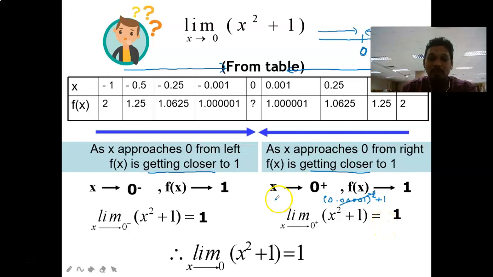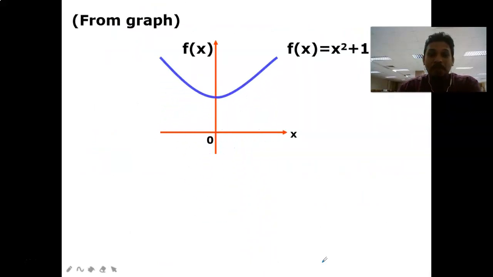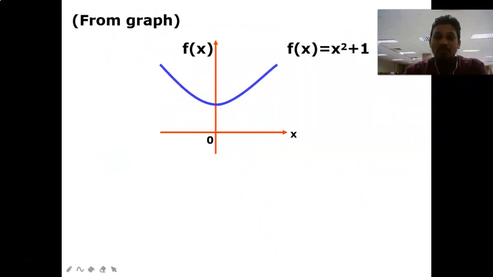Okay. The limit from the left equals 1. The limit from the right equals 1. From left and right, they are approaching one value of y, or L, which is 1 and 1. Then the limit of x squared plus 1 when x approaches 0 is equal to 1. Okay, from the graph, this is the graph of x squared plus 1.